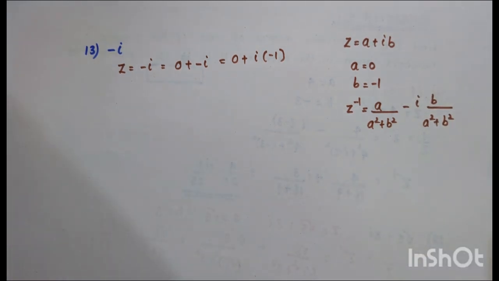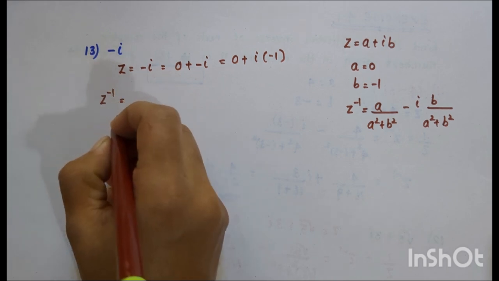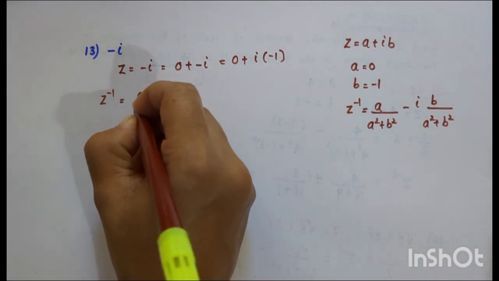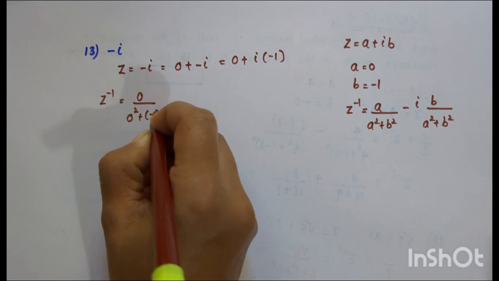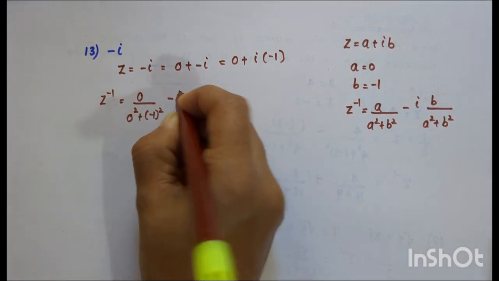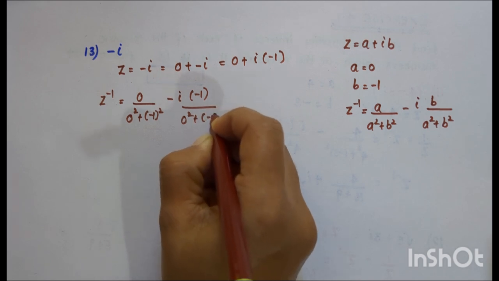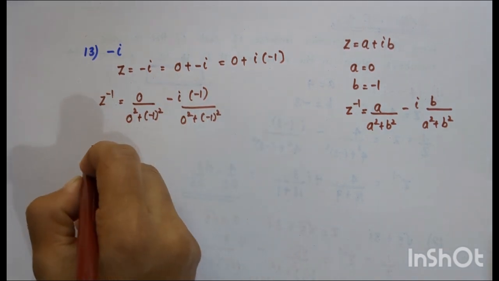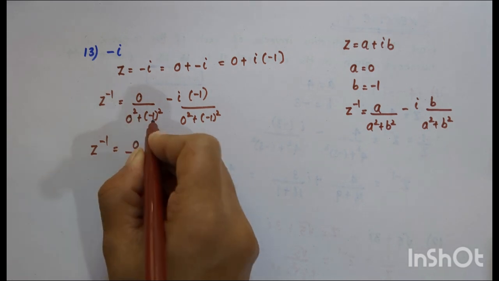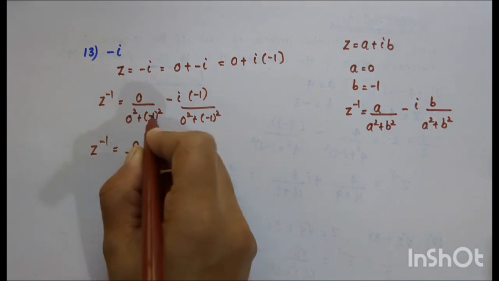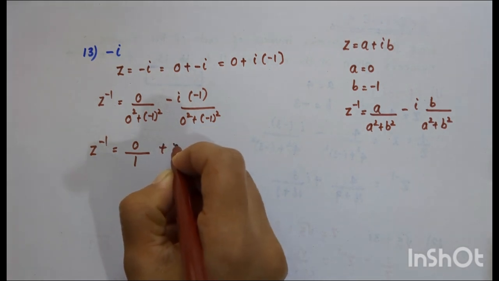So here its multiplicative inverse z inverse can be written as a, which is 0, divided by a square plus b square, so 0 square plus minus 1 all square, minus i into b, which is minus 1, divided by 0 square plus minus 1 all square. So this can be written as 0 divided by 0 plus minus 1 all square is plus 1, 0 plus 1 is 1. Minus into minus becomes plus.